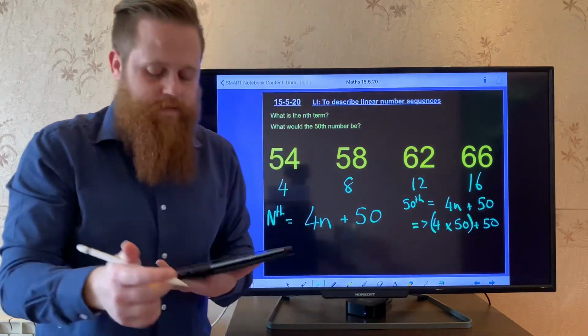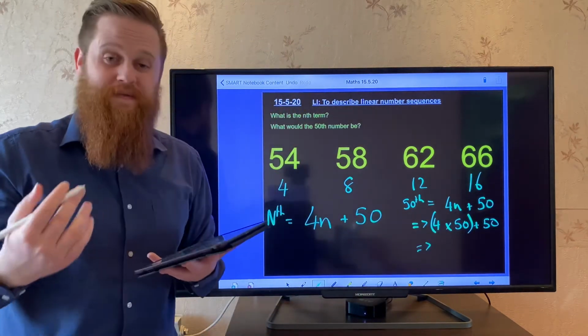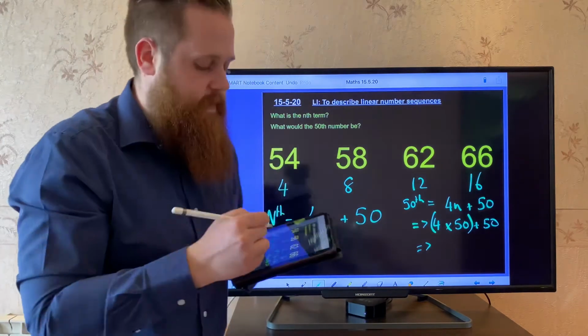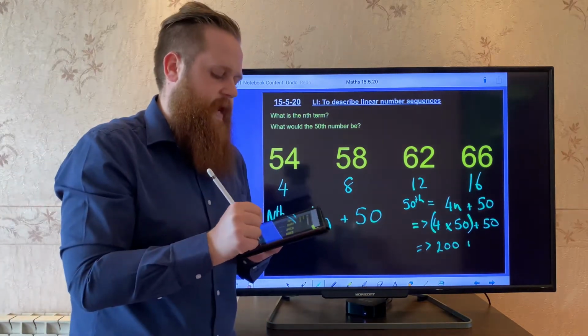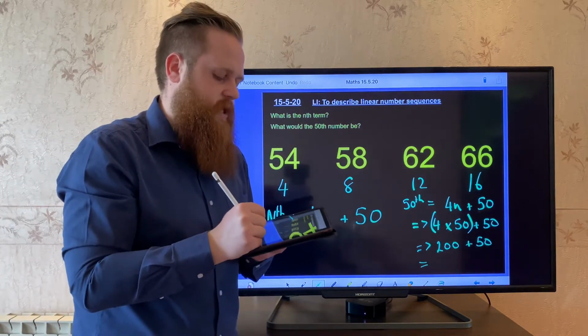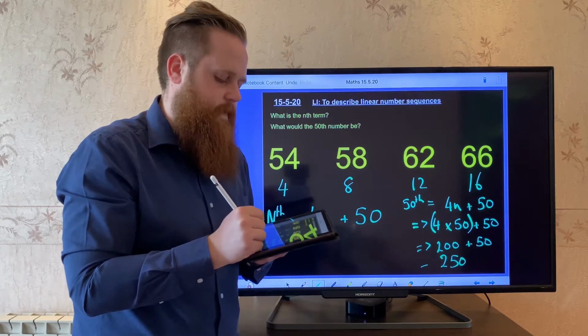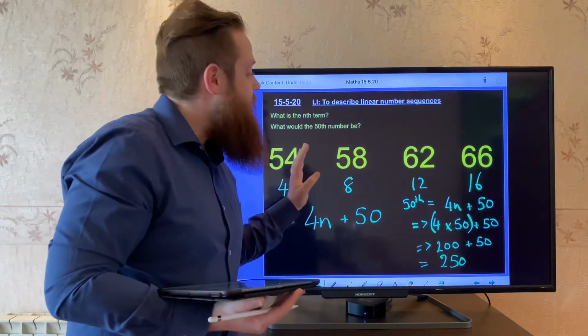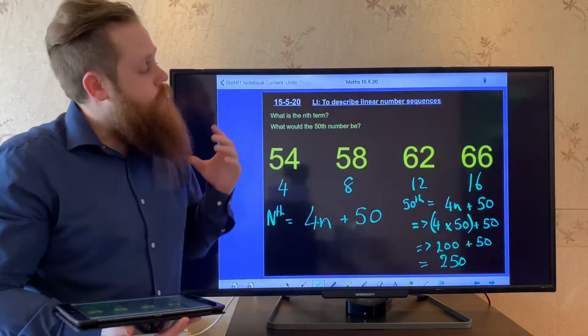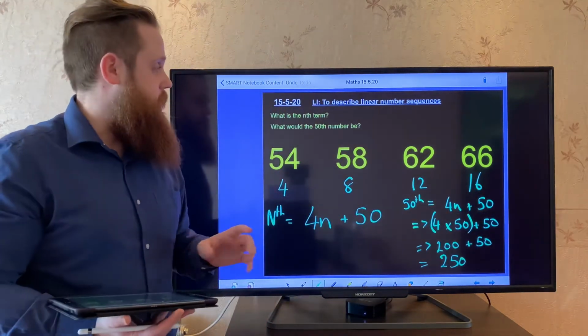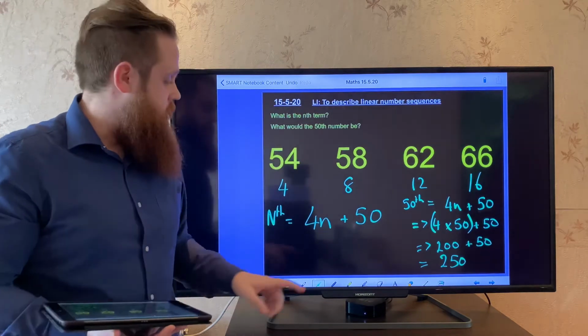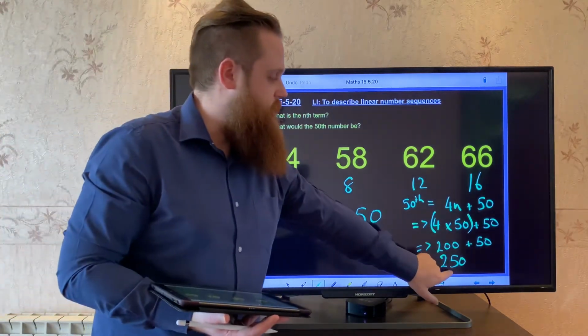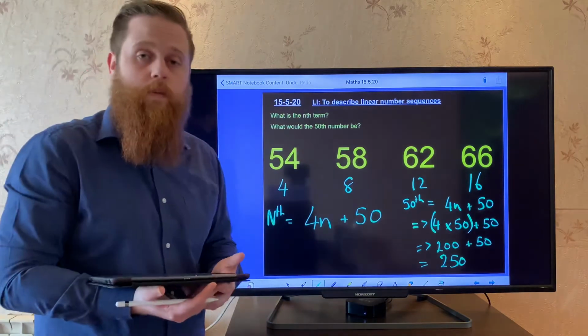So I'm going to do 4 times 50 first. 4 times 5 is 20, so 4 times 50 is 200. And then add my 50 at the end, which equals 250. So that means that the 50th number in this number sequence will be 250. And I'm answering both of my questions there. There's the nth term, and this is what the 50th number in this sequence will be.